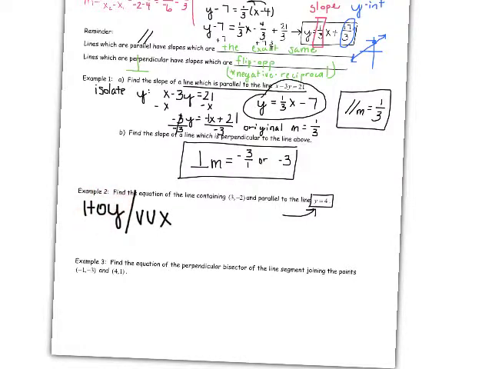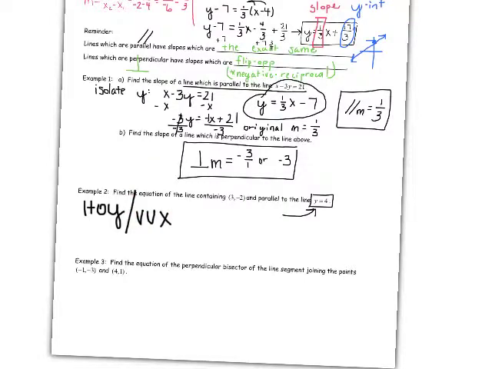Hooy stands for horizontal lines have a 0 slope with a y equals equation. Let me say that again. Horizontal lines have a 0 slope with a y equals equation. So if I ask you what is the slope of y equals 4, you would say it's a 0 slope. And that's why it's a horizontal line, because you're rising 0 ways. So horizontal lines have a 0 slope with a y equals equation.